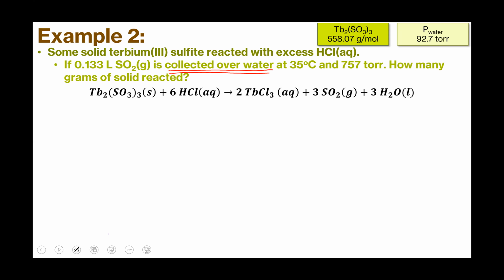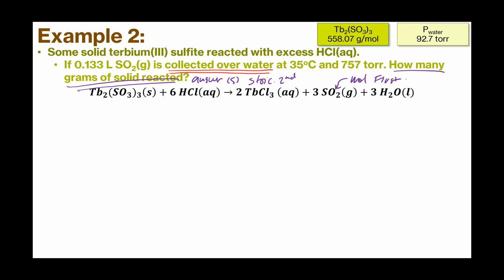Okay, how many grams? Oh, this is our answer then. How many grams of solid reacted? That's our answer. Our answer is solid, so this means that stoichiometry is second. The first thing we're doing is PV equals nRT to figure out moles of SO2.